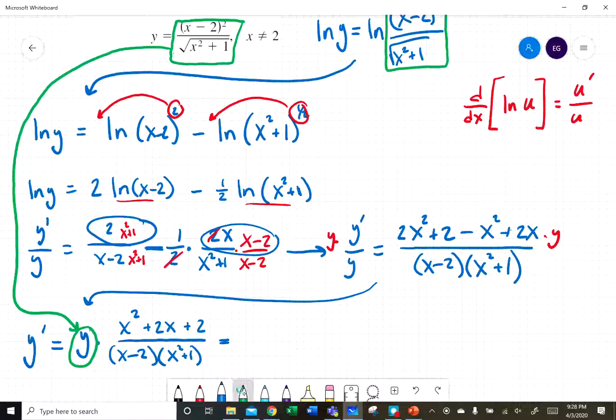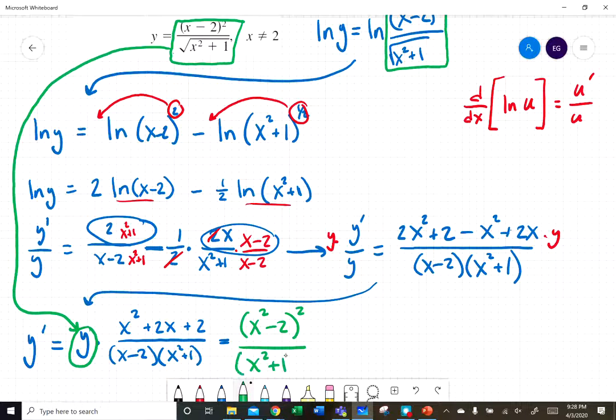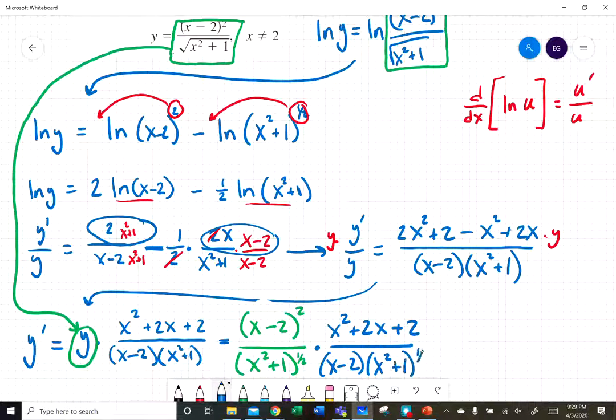The y is the (x minus 2) quantity squared divided by x squared plus 1 square root, or we'll say the 1/2 power. And we've also got the x squared plus 2x plus 2 divided by x minus 2 times x squared plus 1 to the 1/2 power.